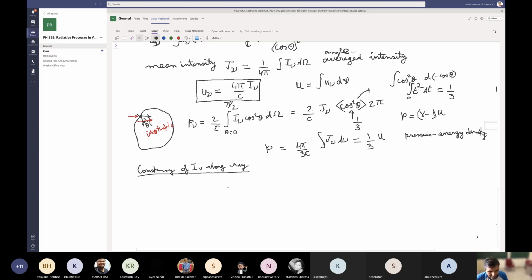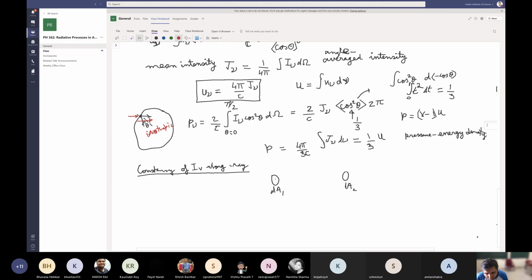So let's consider this situation. You have some area dA1 and some other area dA2. Now let me draw some photon paths.